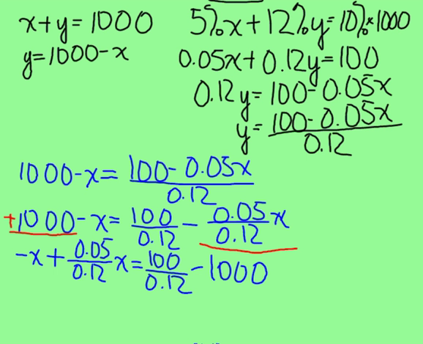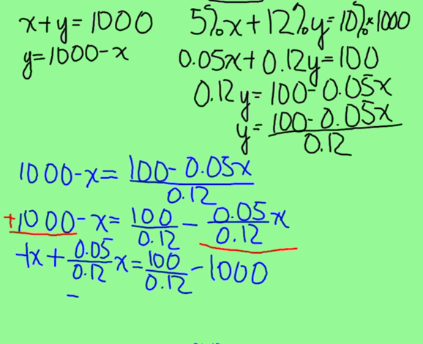Okay, I want an exact answer, so I'm going to be using fraction buttons on my calculator. On the first part, I've got a negative x, so that's a negative invisible number 1. So on my calculator, negative 1 plus decimal 0.05 fraction decimal 0.12, and I'm hitting equals, and I'm getting -7/12.